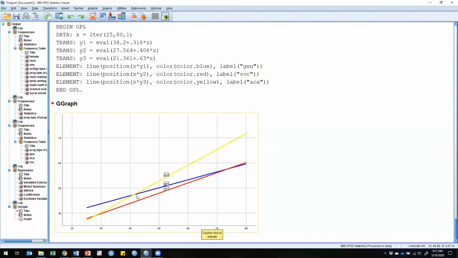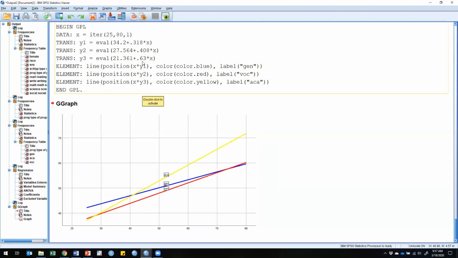So what this is saying is that a 1 unit increase in reading scores has a greater impact on math scores than somebody who's in a general or a vocational track. And you can see here the slopes of the lines are right here.